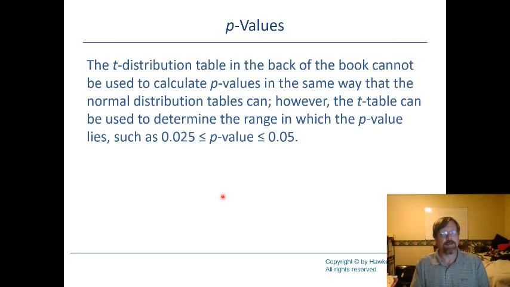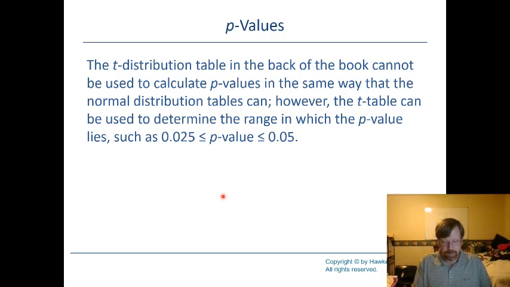Okay, now here's the fun part. The table in the book can't be used the same way the z-table can to find p-values. I could find the p-value range. So, for example, in the previous example, it was 18 degrees of freedom and 0.025. Let me find the table. There we go. 18 degrees of freedom.